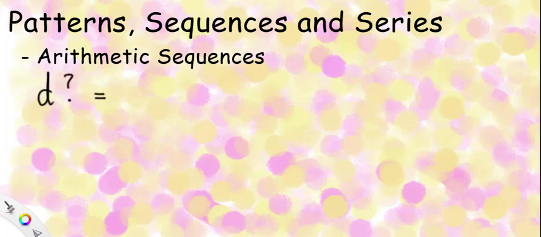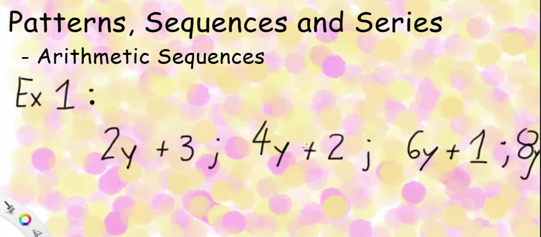And to find the common difference, what you do is you have to subtract the previous term from the current term, and you have to do this for more than one set of terms in the sequence, just so that you're sure that you haven't made a mistake. So let's start off with the first two terms.